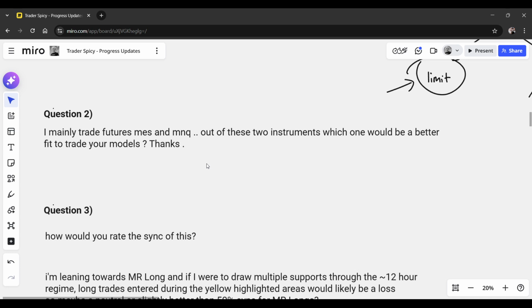So if I really had to pick one to trade, ES just feels like it moves cleaner compared to the rest. Hope that answers your question.